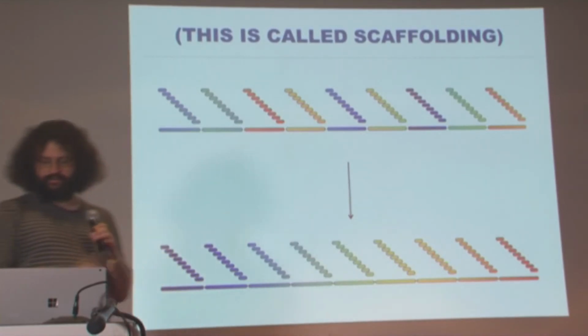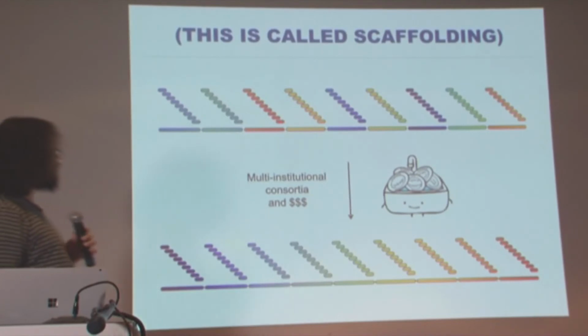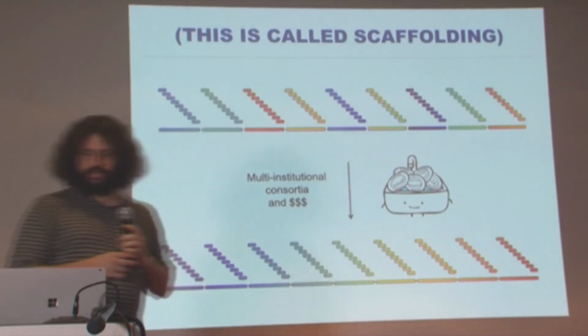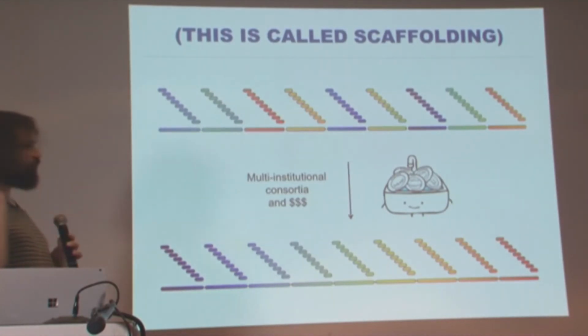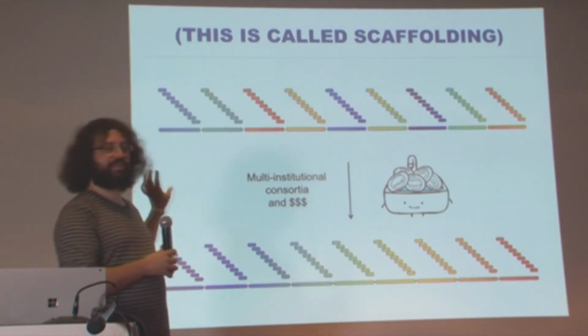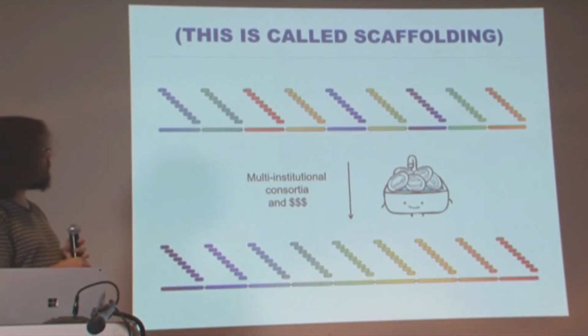This scaffolding process, ordering and orienting the contigs along the chromosomes, has in the past required multi-institutional consortia, huge amounts of money. When the Human Genome Project was at work, this is actually most of what they did, the work of scaffolding. It took the most time and the most energy, actually.